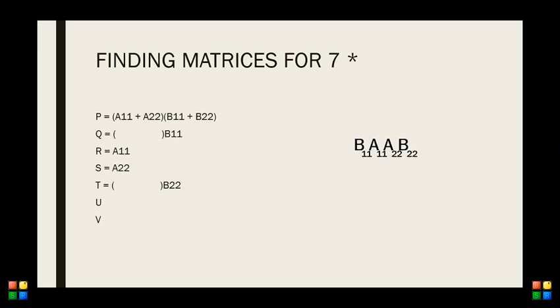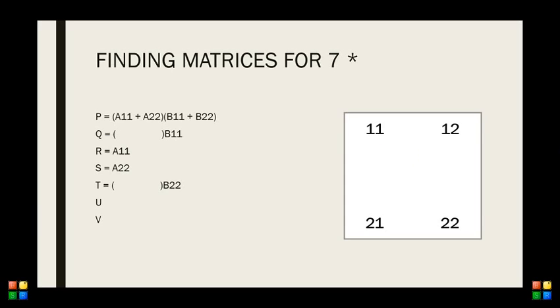Now I have empty spaces. I also have to enter a and b values in Q, R, S and T respectively. So first, for this we will consider a 2 by 2 matrix like this: 11, 12, 21, 22. Now I'll start from the bottom and go to the top, like climbing a mountain.